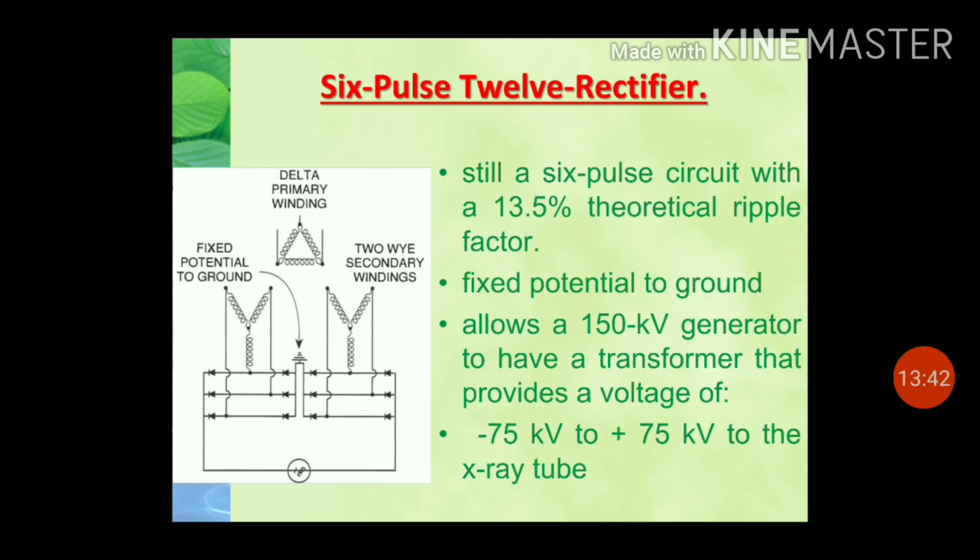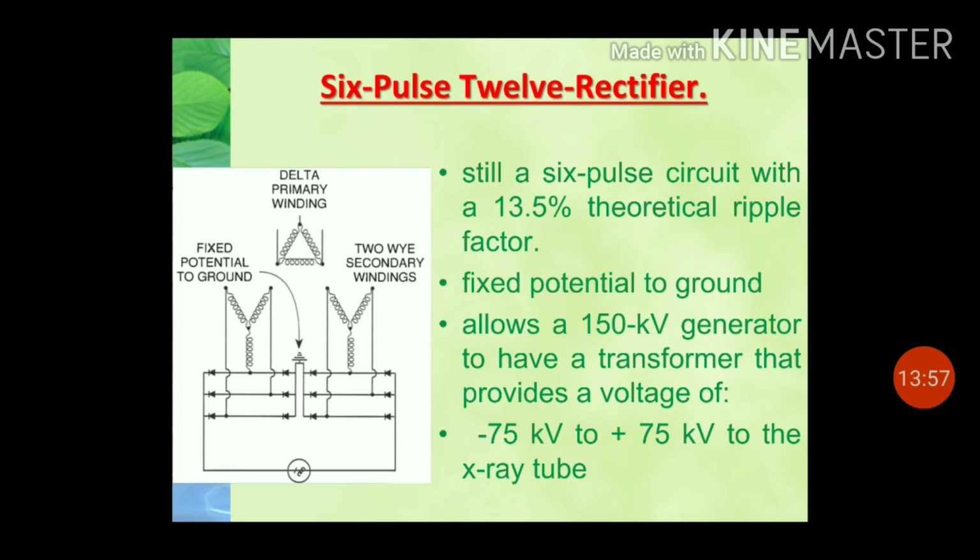Next is the 6 pulse 12 rectifier. This circuit is still a 6 pulse circuit with 13.5% theoretical ripple factor.